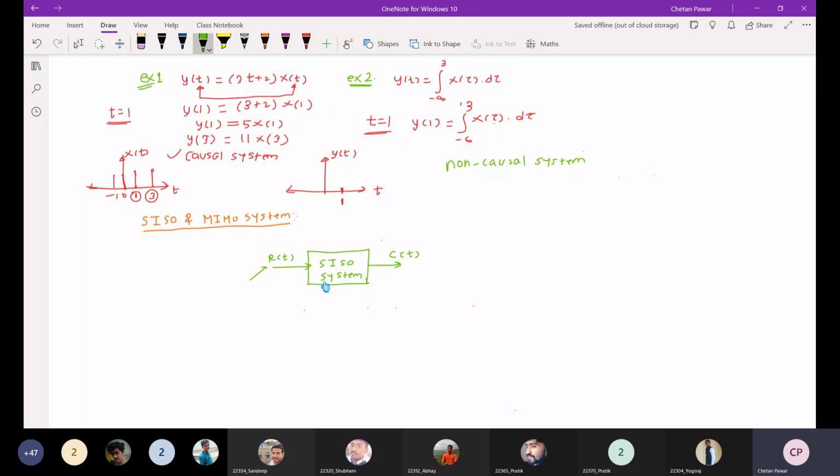This will be a single input, or we can say scalar input, and scalar output. So SISO system is a single input and single output system.